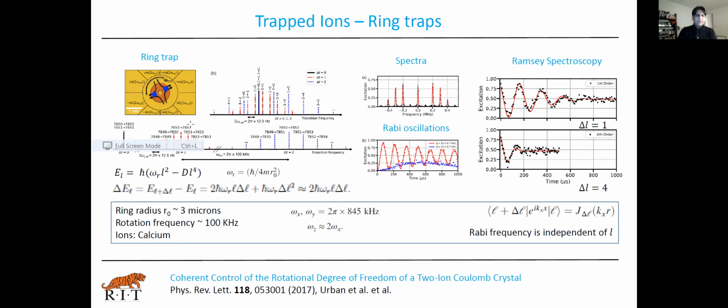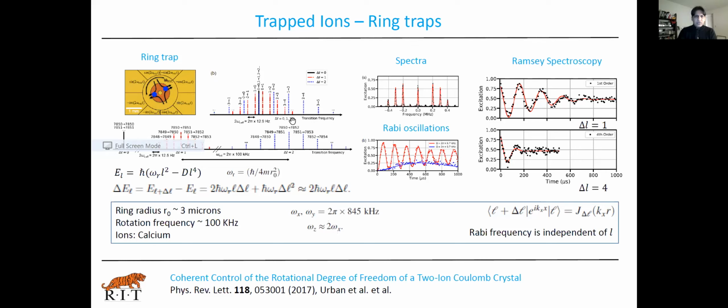So how does that work? If you do not rotate the crystal, the finite temperature will excite a number of propagating and counter-propagating modes, which can be spectroscopically seen by looking at the frequency content of fluorescence from the ions. So that's what is shown here.